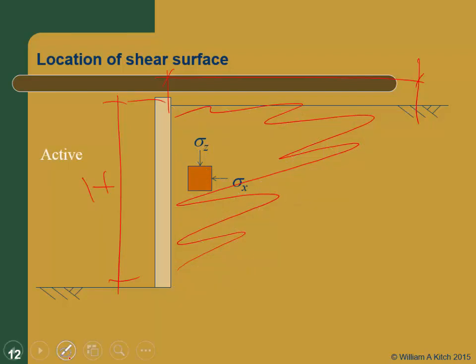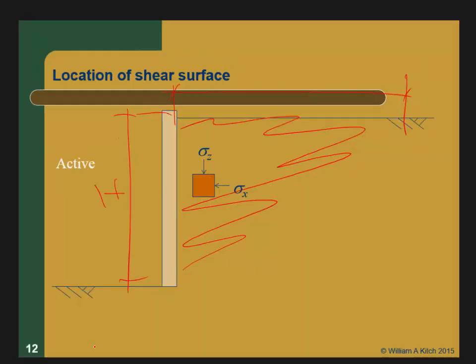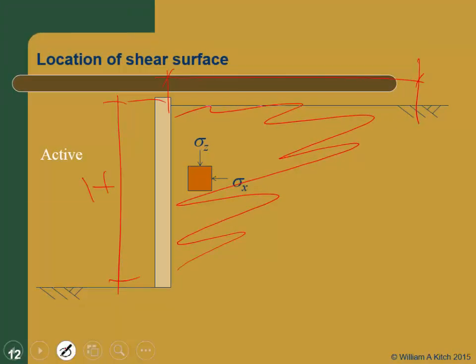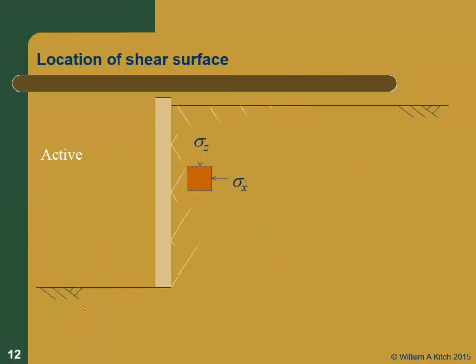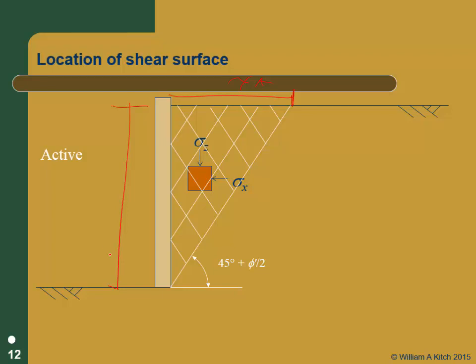And for the active case, my failure surfaces are at 45 plus phi over 2, and the conjugate pair of failure surfaces look like that. And this, we want to call that XA. This is the height. Right, this angle here is then actually going to be 45 minus phi over 2, right?